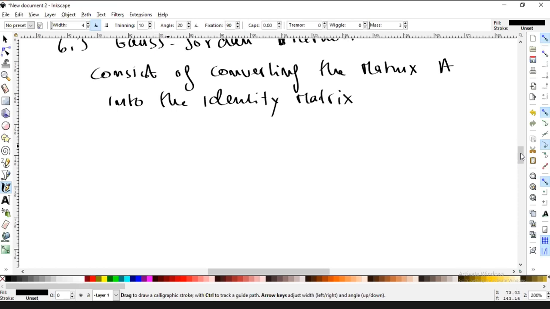When you convert the matrix into the identity, it means that you are multiplying by A minus 1.